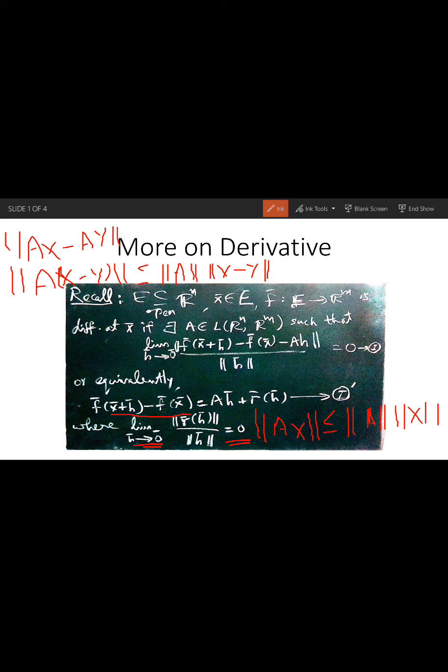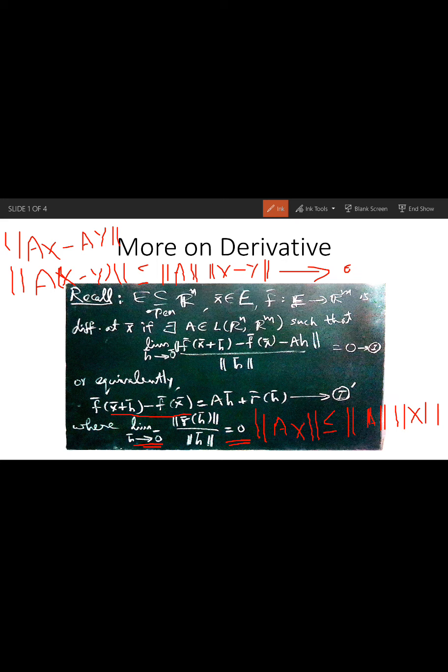So norm of ax minus ay is less than or equal to norm a into norm of x minus y. So as y tends to x, the right side tends to 0. So the left side also must tend to 0. That means ay tends to ax. This is precisely continuity of a. So every linear transformation is continuous.